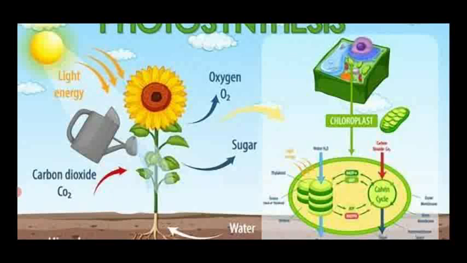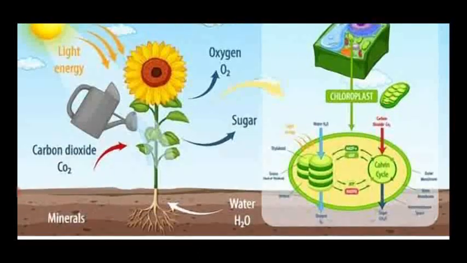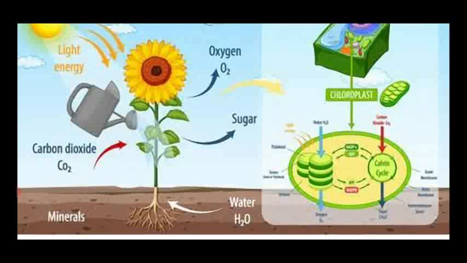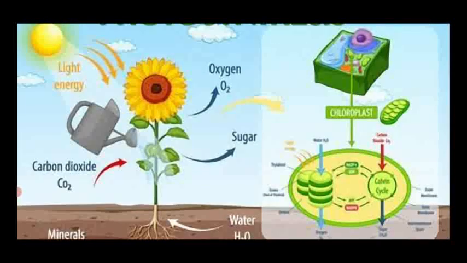Other pigments such as chlorophyll B, carotenoid and xanthophyll are named accessory pigments. They are not directly involved in photosynthesis, but they absorb sunlight and transport it to chlorophyll A. So they are named the harvesting center.